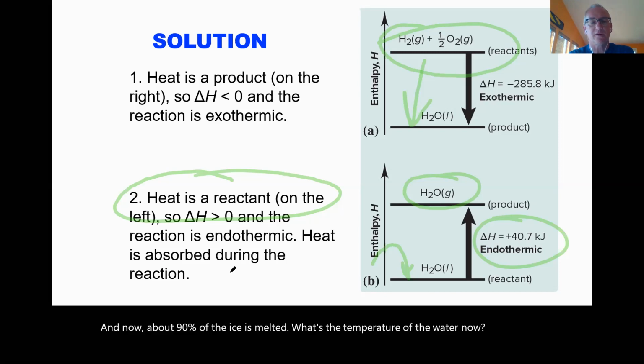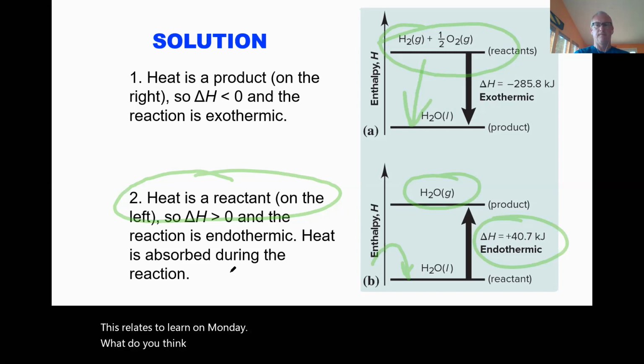This relates to what we're going to learn on Monday. What do you think the temperature of the water is now?